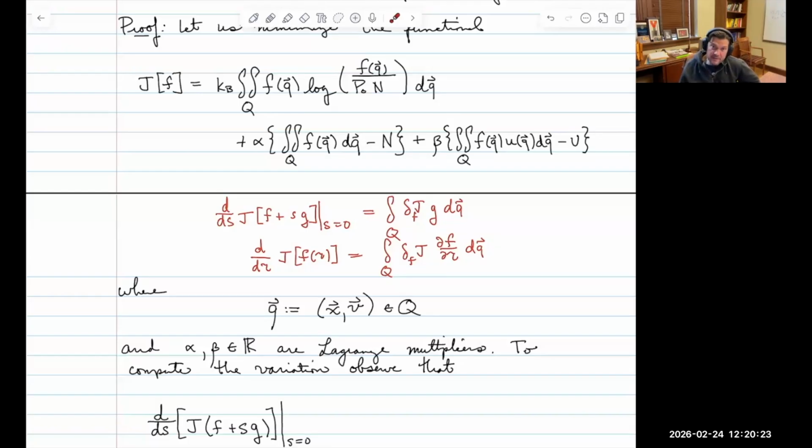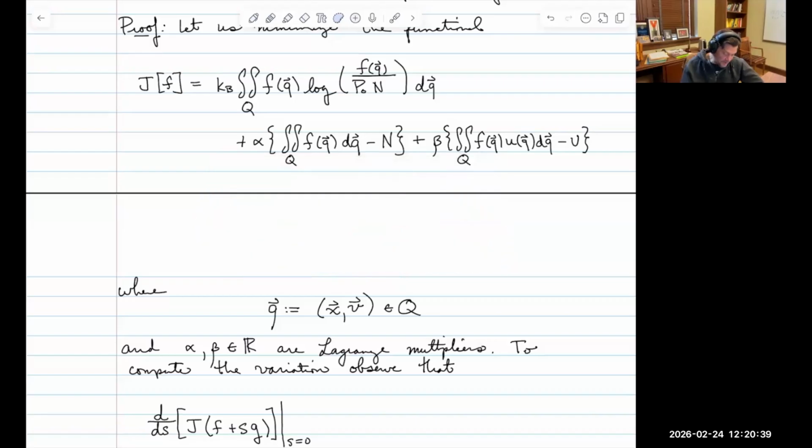And the way I find the equilibrium or the extremal value for this function is to set the variational derivative equal to 0. So that's what I'm doing here in finding the minimum of the function J. Remember, I'm using minus the entropy. I'm trying to maximize the entropy.